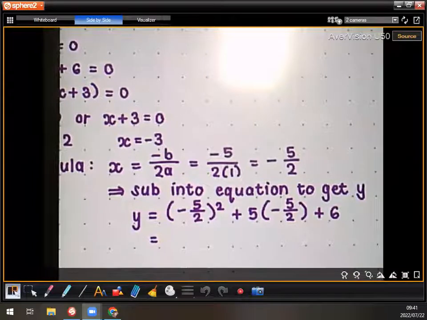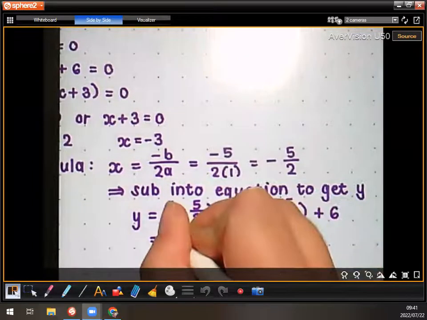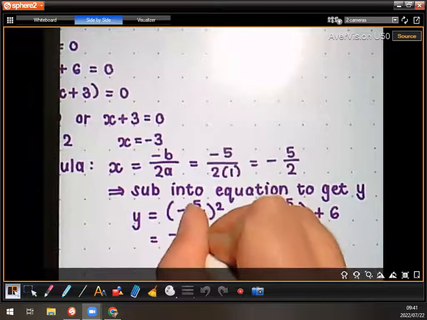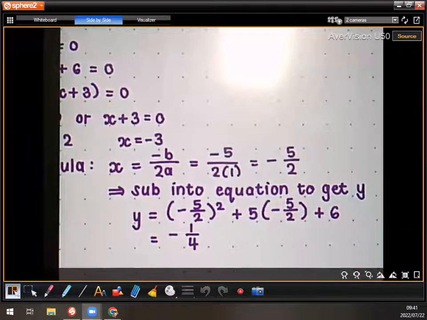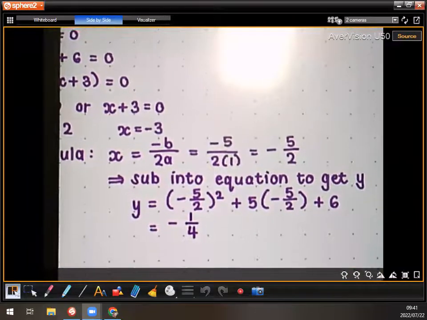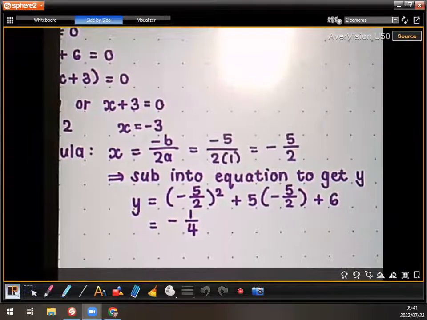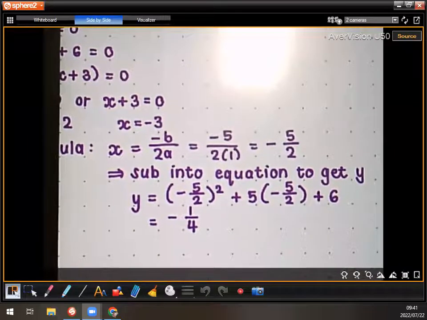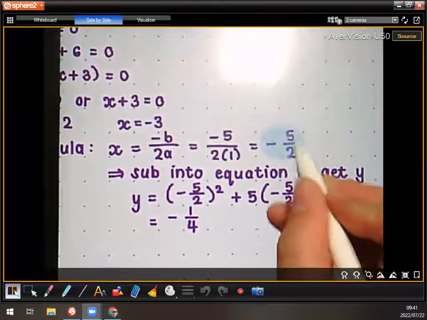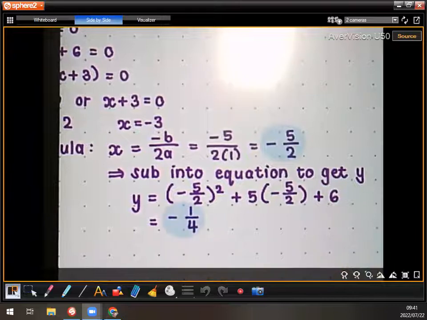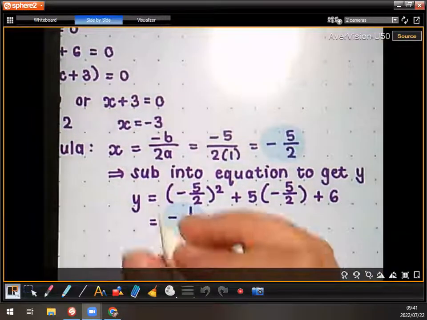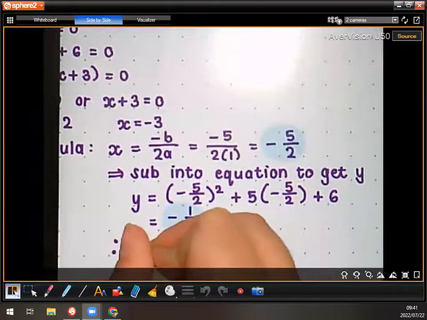You just type that into the calculator, and you will get an answer of negative a quarter. So that means, guys, that our turning point is the point negative 5 over 2 and negative a quarter. Those are the coordinates of the turning point.